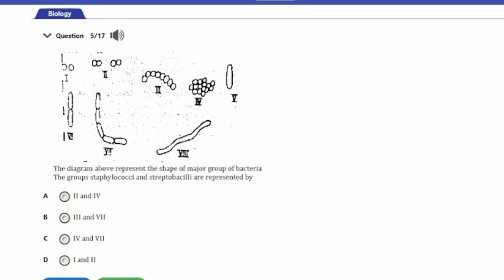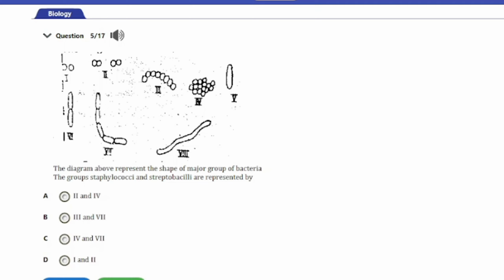Bacteria can exist as either cocci, bacilli, vibrio, or spirilla. These forms can come in clusters or different arrangements. So you also need to understand when it is strepto, when it is staph, and so on.